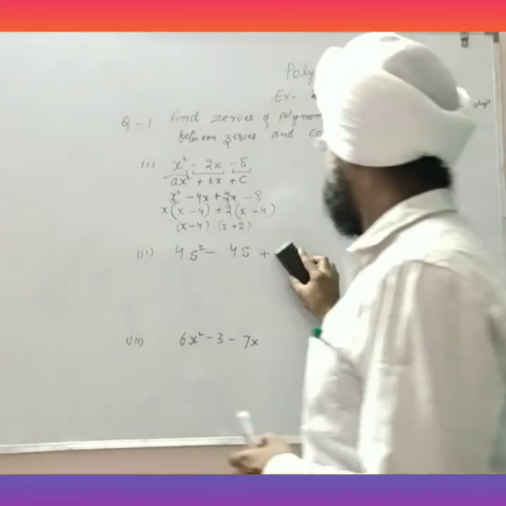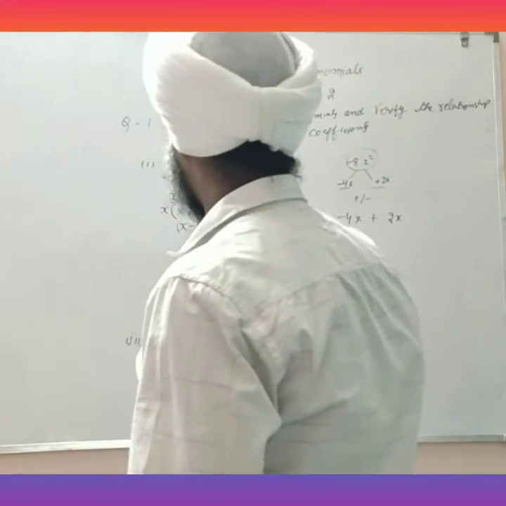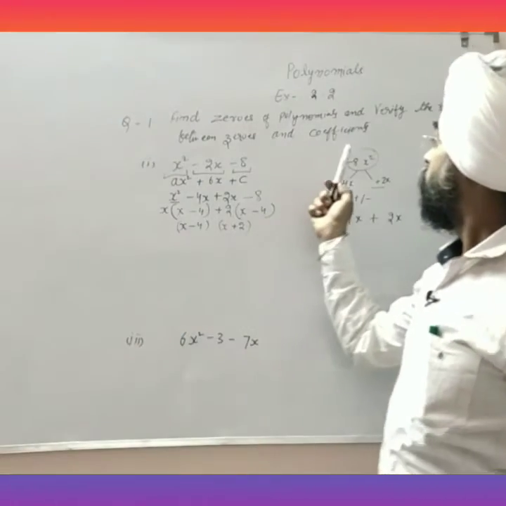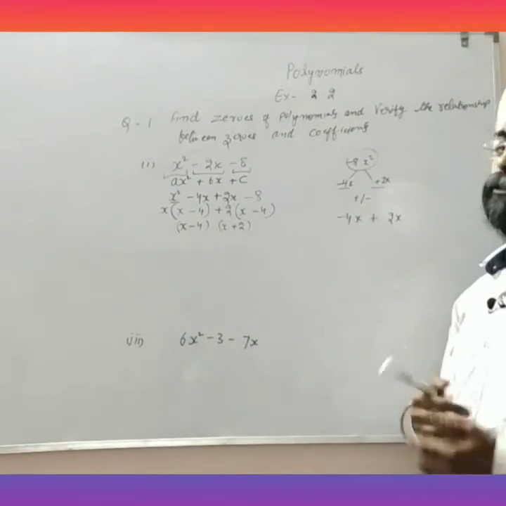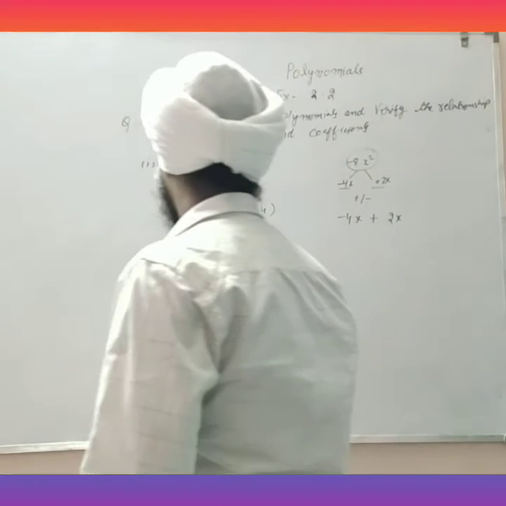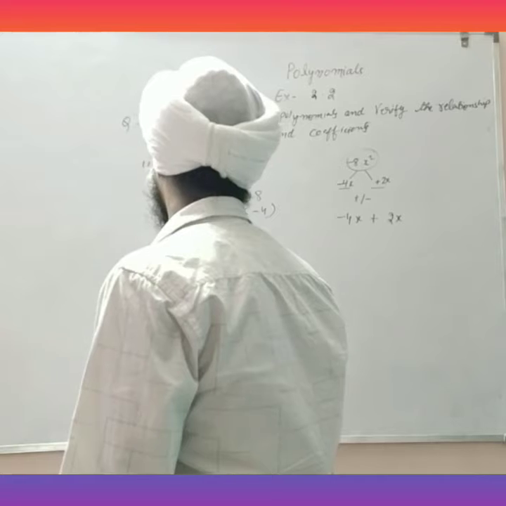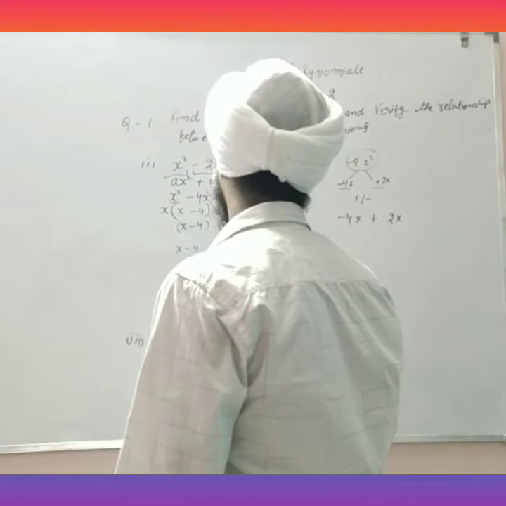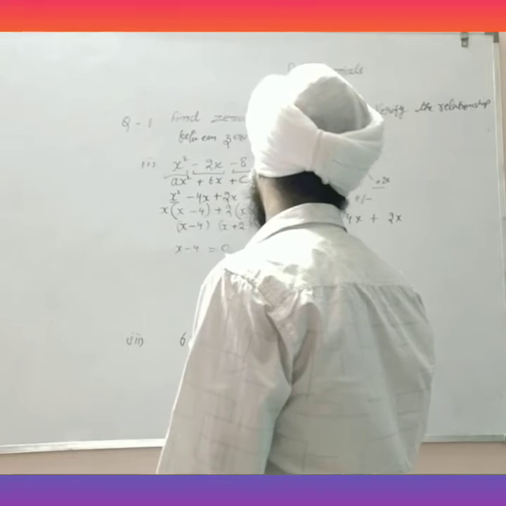polynomial equation. We can solve it further, and you have to establish the relationship between the zeros and coefficients. Now this can be 0 only if x minus 4 is equal to 0 and x plus 2 is equal to 0.